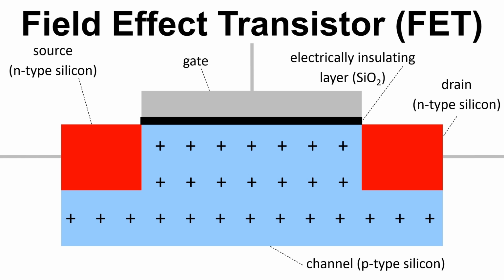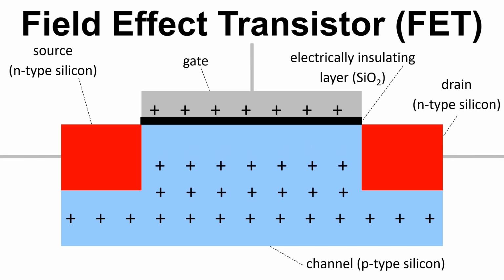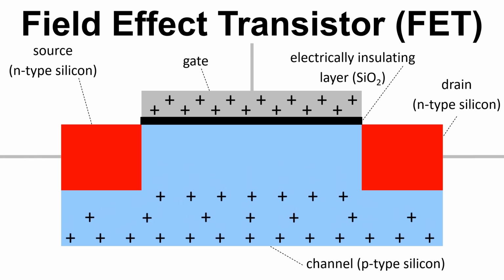And if we apply an electrical potential to the gate, that will affect the conductivity through the channel. So if we apply a positive charge there, those positive charges on the gate will now repel the charges that are in the channel, and that will start to affect the conductivity. If we increase the charge even further, the repulsion effect becomes even stronger, and the resistance through the channel is affected even more.